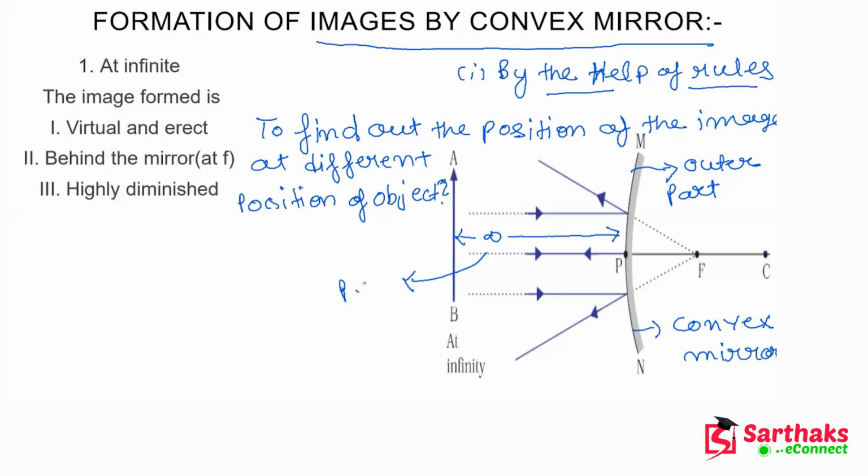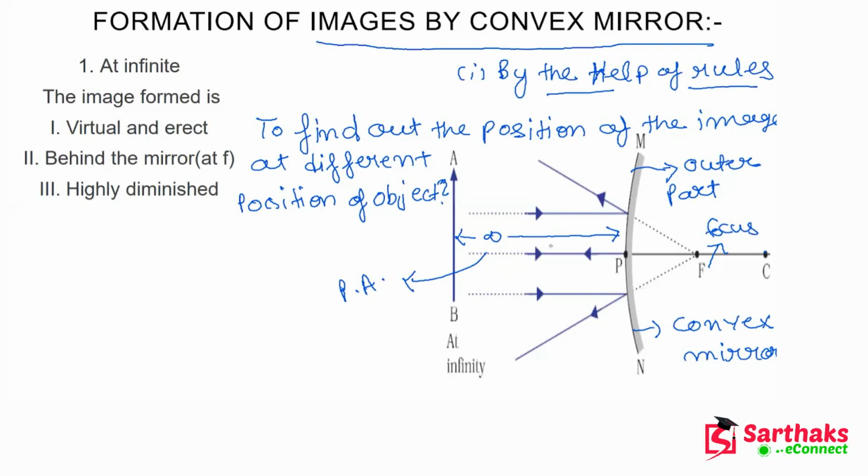After hitting the surface of this convex mirror, it will be reflected like this, and it will appear to pass through this point F, because if you move this ray behind the mirror, it appears to be passing through this point F, which is the focus of the convex mirror.